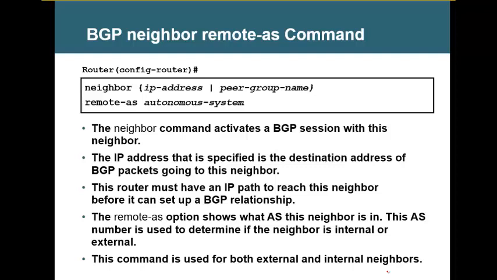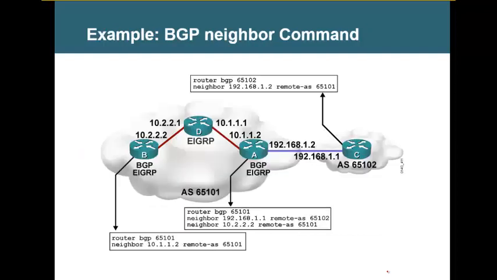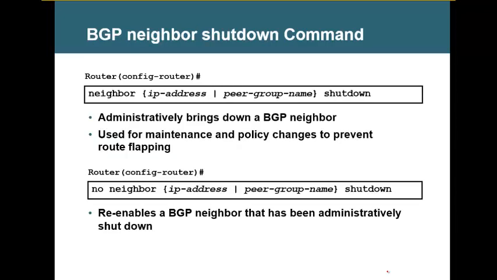And this is one sample configuration output. If you want to temporarily shut down a neighbor, you put the neighbor IP address and the shutdown keyword. To bring it up, you put no in front of the same statement. This avoids you deleting a neighbor and reconfiguring it.